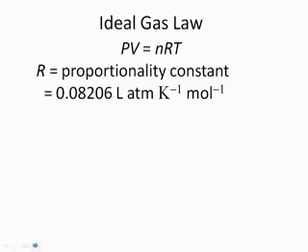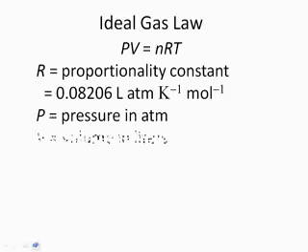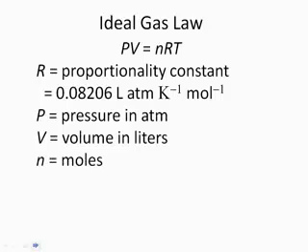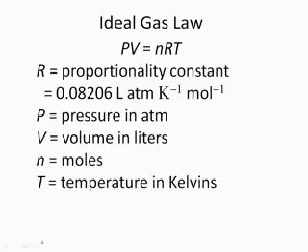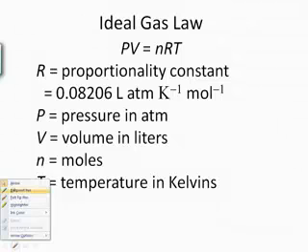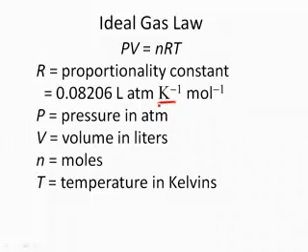What that means is that when I use the other variables, pressure, volume, and temperature, my units have to match up to the units found in this constant. Whereas with the other gas laws, we just had to make sure we used consistent units, with the ideal gas law, these specific units are required in order to use the 0.08206 value for R.